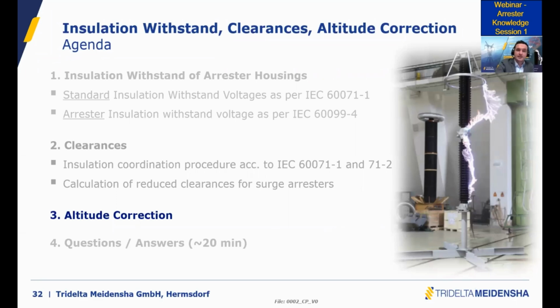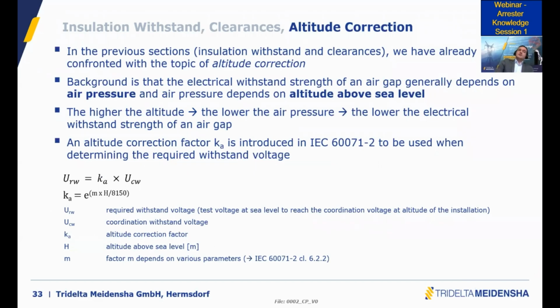The idea here is to have a special focus on the altitude correction, because it's a typical misunderstanding or issue that we face in some countries with very high altitudes, for example in South America, where sometimes you have to guarantee the performance of the arrester for 4,000 or 5,000 meters.